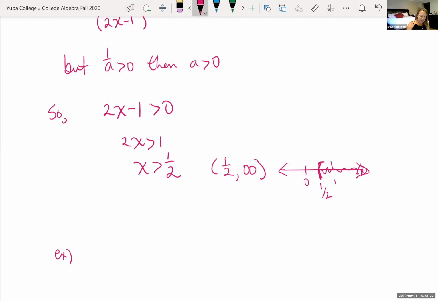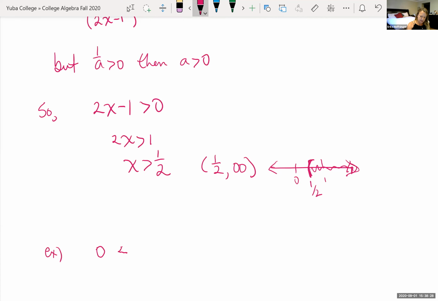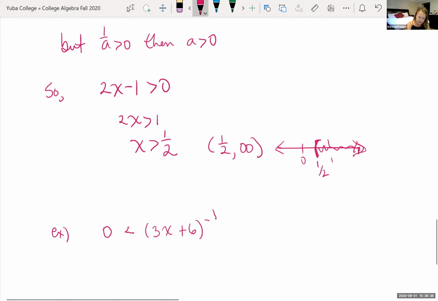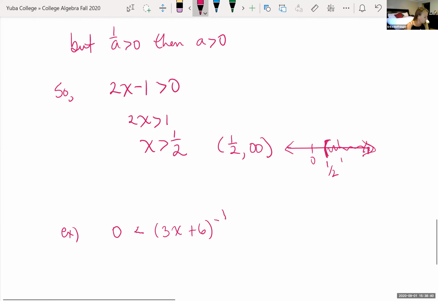Next, if you have 0 is less than (3x plus 6), raised to the negative 1 power, and this is less than 1/3.